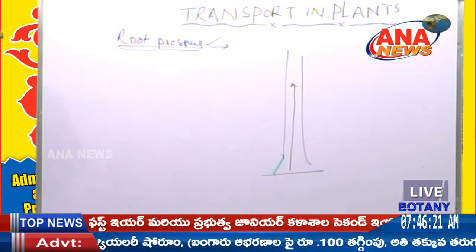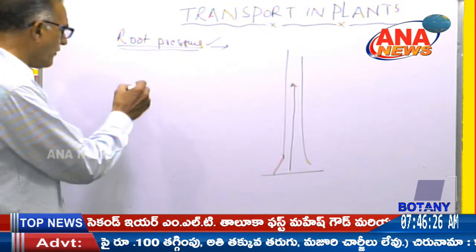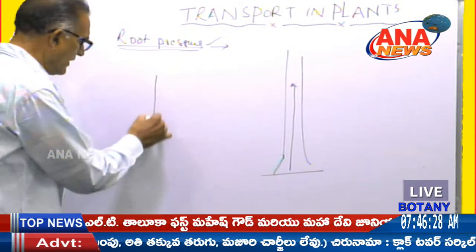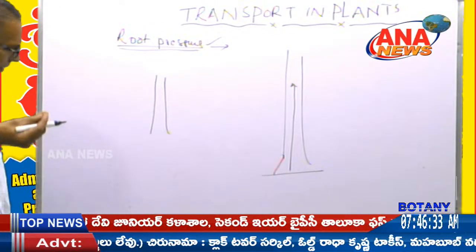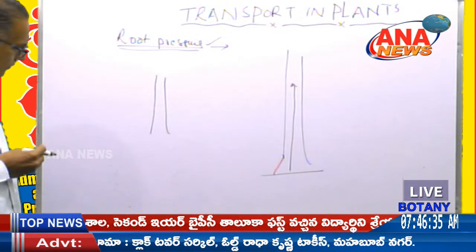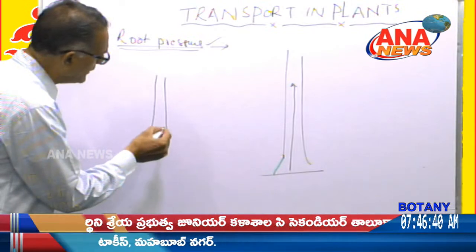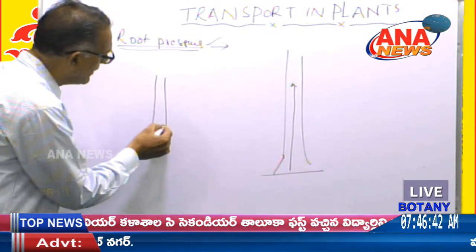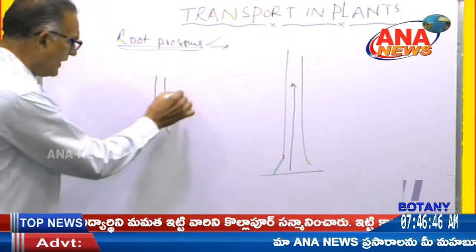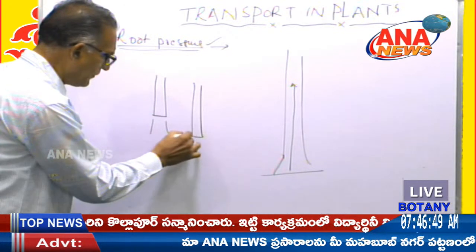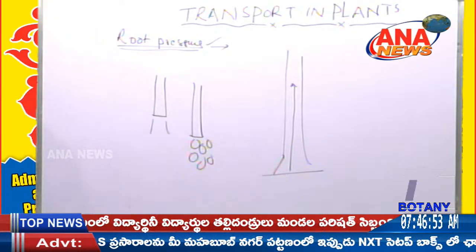Just take a soft stem plant in the morning, when the atmospheric moisture is more, and cut the stem horizontally near the base with a sharp blade. From the cut end of the stem, some substances ooze out immediately because of the root pressure.